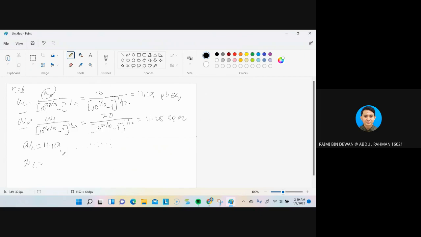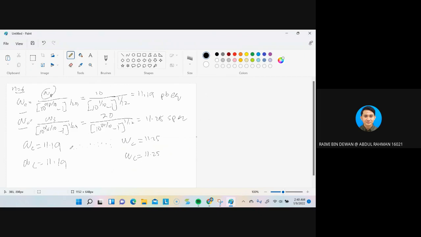We have 11.19 for this passband, so we have another omega c here. This one is when we choose the value of 11.25. You see there is a bit of difference between my value and the slide. Don't worry, it's from the calculator, a decimal point difference. So from omega c 11.19.